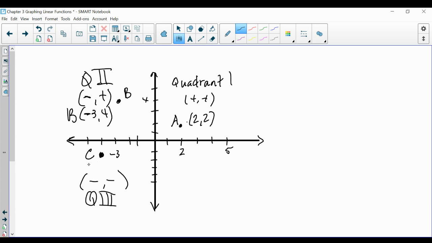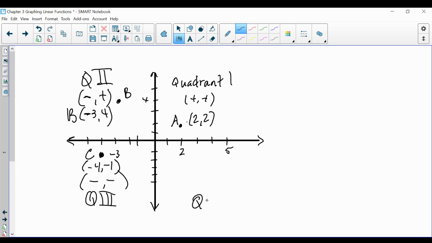So this here I know is a negative 4, negative 1. So that's the points, and they're negative, negative.